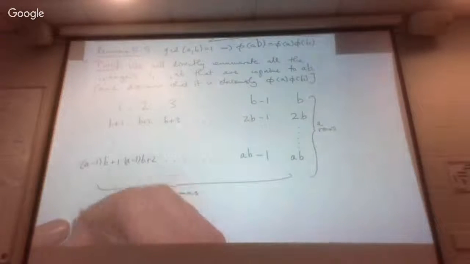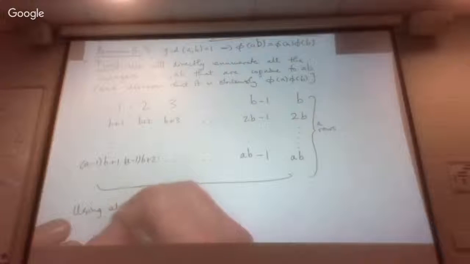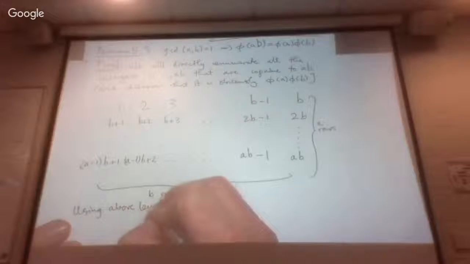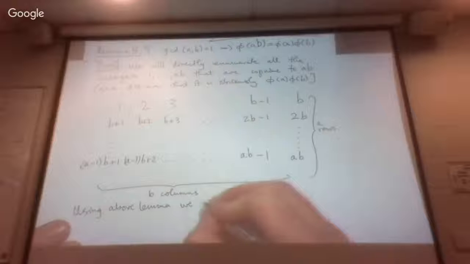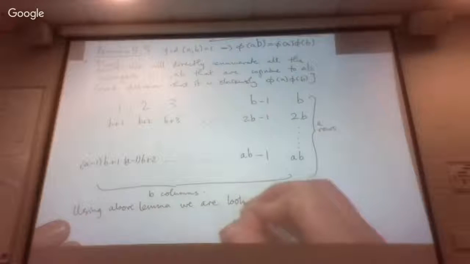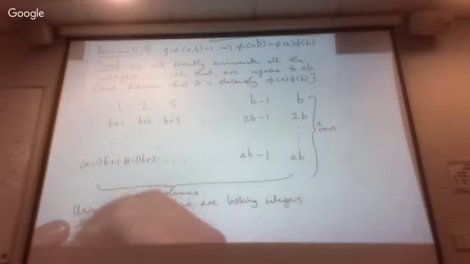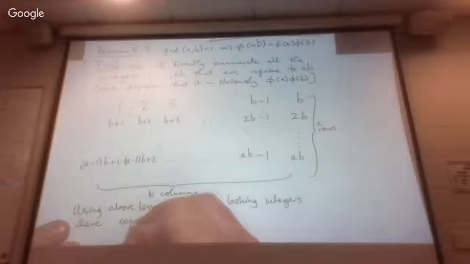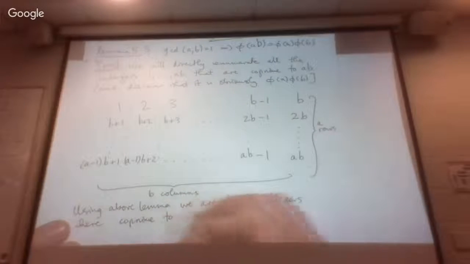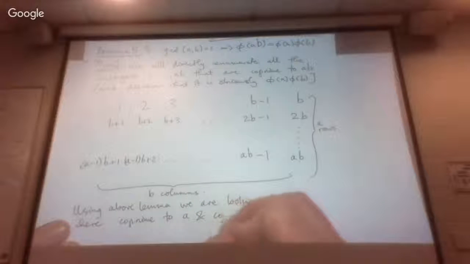Sorry, I should have said by the lemma first. Using the above lemma, we are looking to count the integers here that are co-prime to a and co-prime to b.